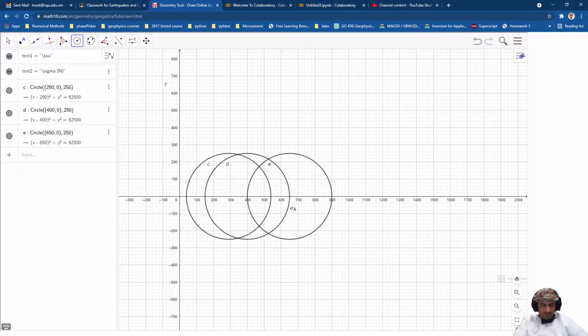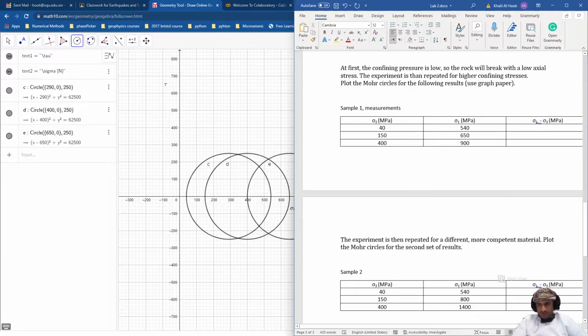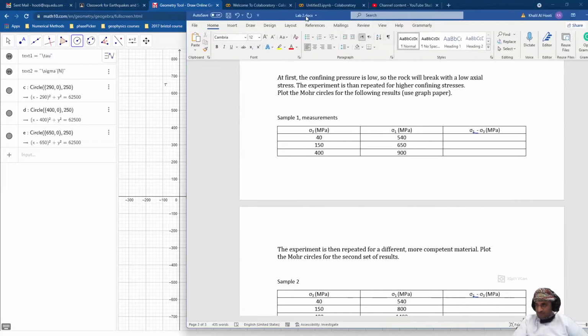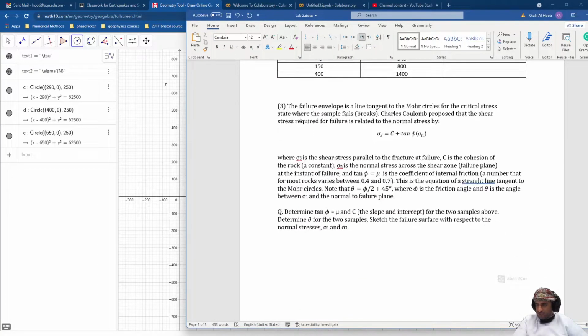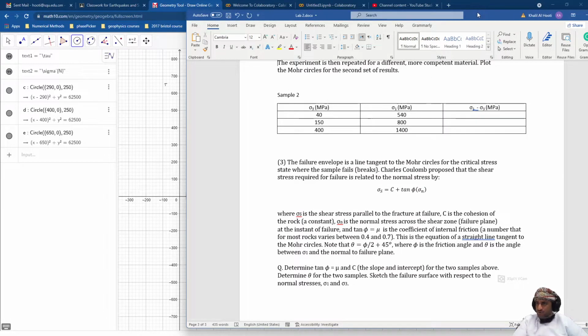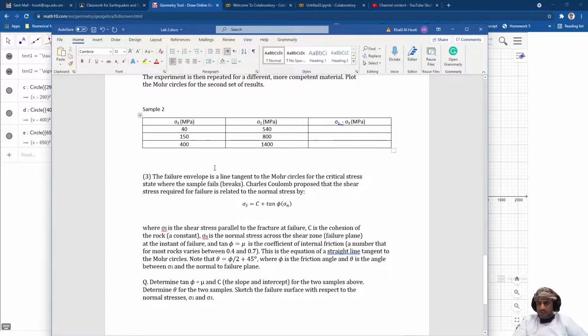There is another part, sample 2. But you need to have this drawing for question 3. So question 3 says we need to draw a failure envelope. The failure envelope is the tangent line to the Mohr circle for critical stresses.